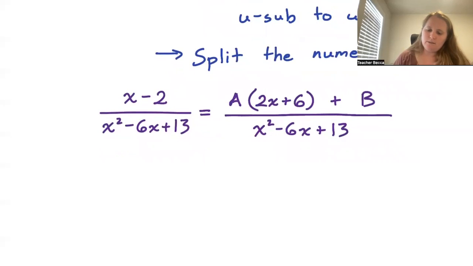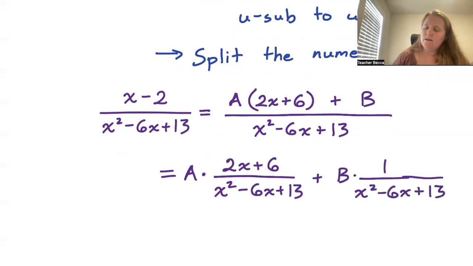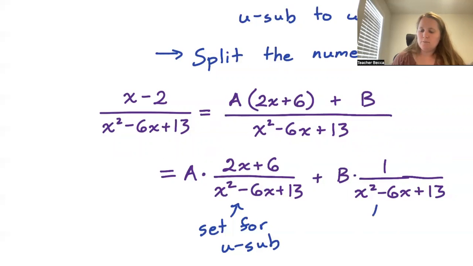The reason for this is it will land us on a times 2x plus 6 over x squared plus 6x plus 13 plus b times 1 over x squared plus 6x plus 13. This first component is perfectly set for u-sub. The second component can hopefully be forced into an inverse tangent integral format.